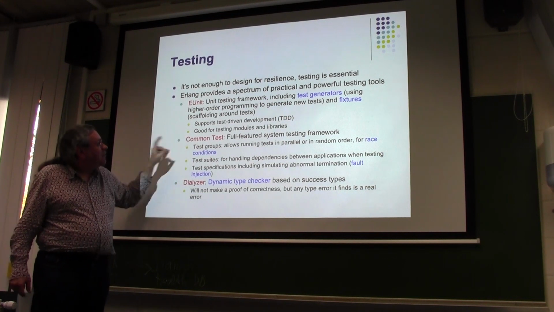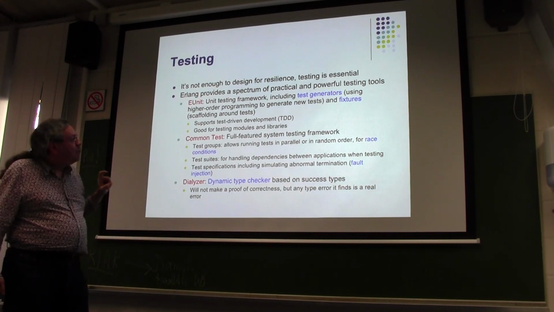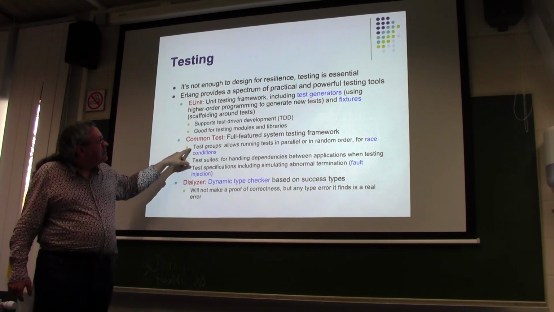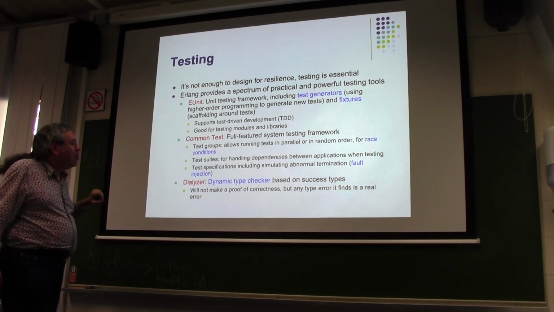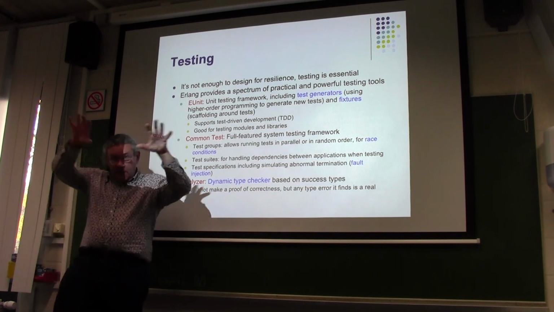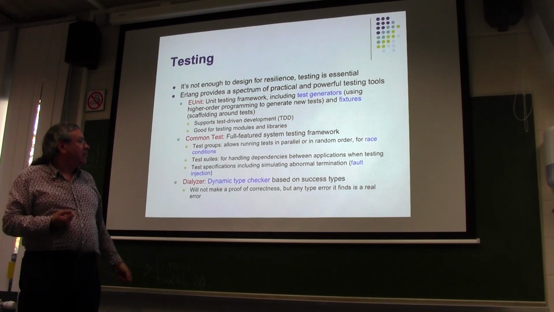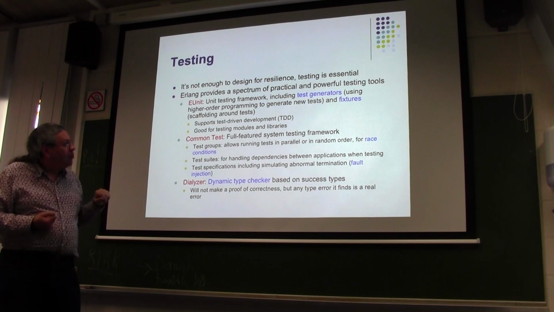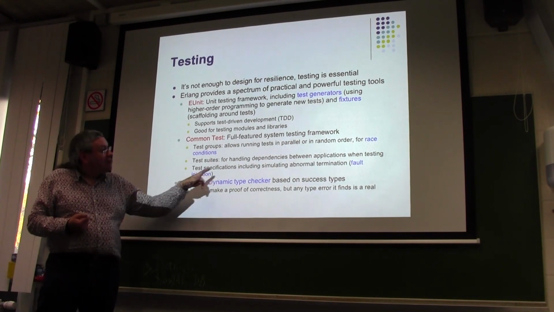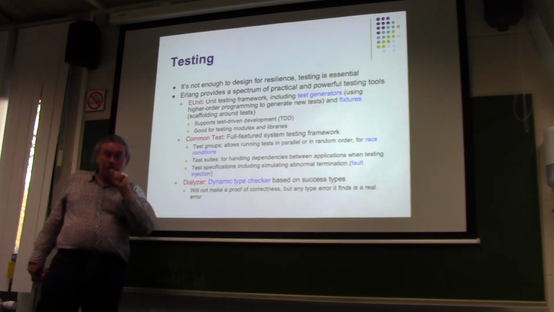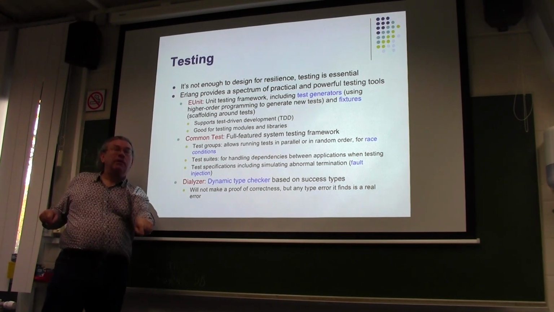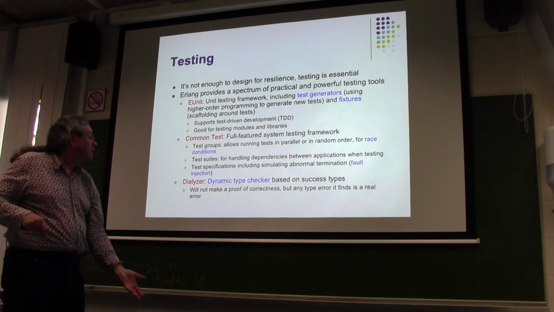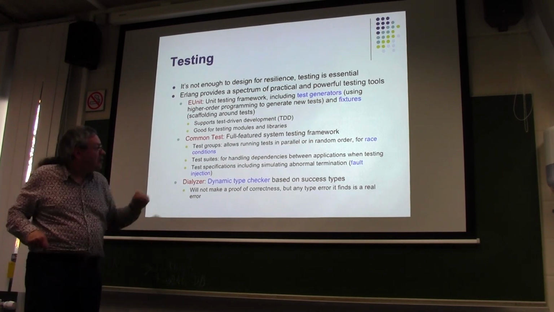Also a system testing framework. So you can run tests in parallel, in random order, to test race conditions or handle dependencies. So you're basically running a lot of things together. Simulating abnormal termination. So fault injection is very important. You actually run the system and you force a piece of it to fail to test the fault tolerance. It's called fault injection. Okay?